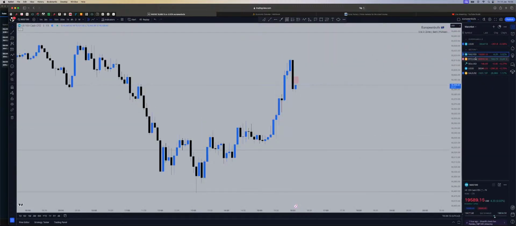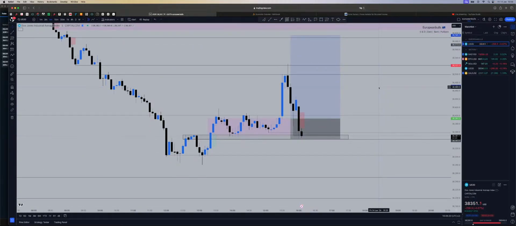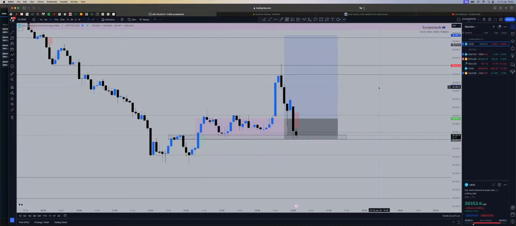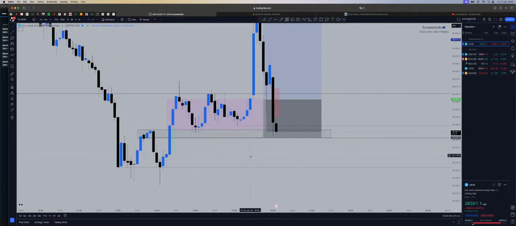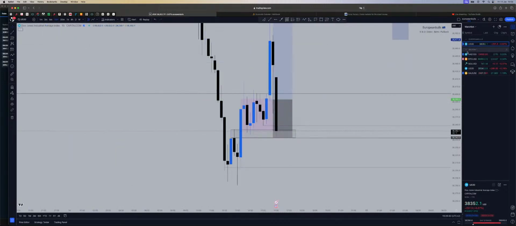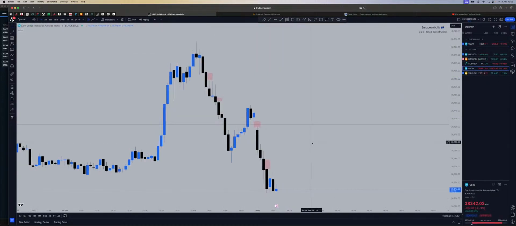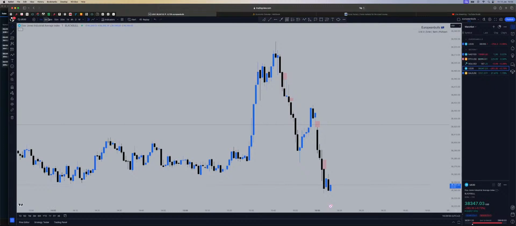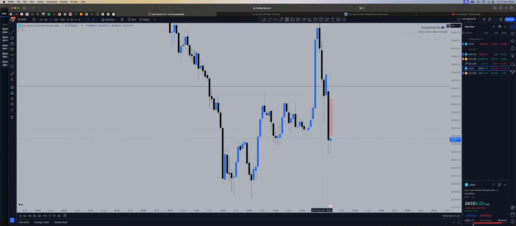Let's see what's going on in Nasdaq. The price is holding up at this area, I think.